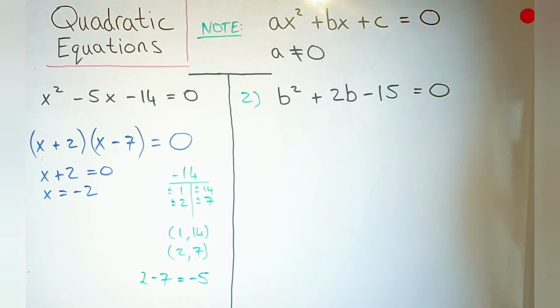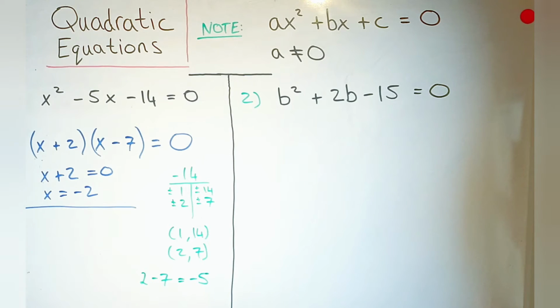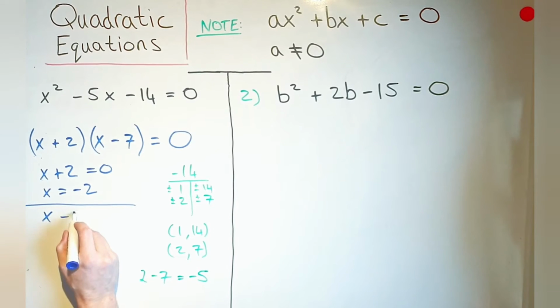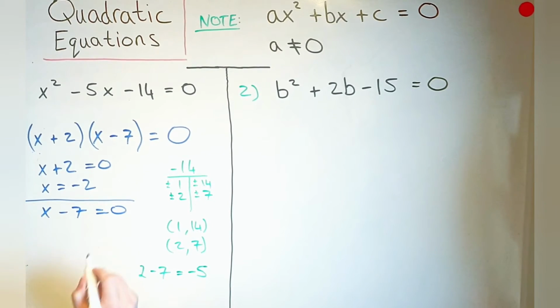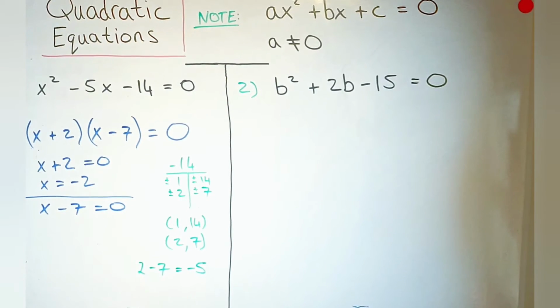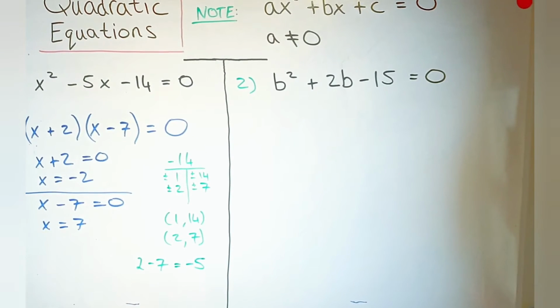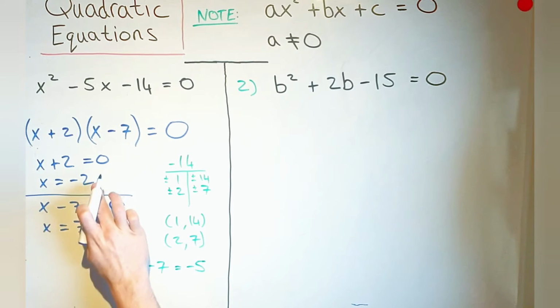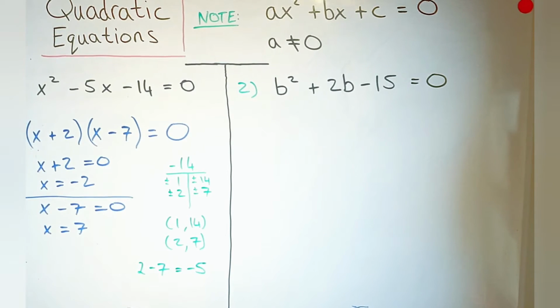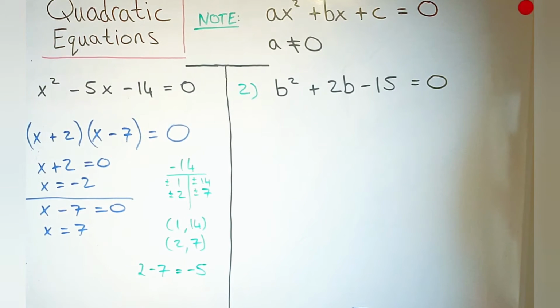That's our first value for x. I'll just draw a line under here. Then we take the second factor, the same story: x minus 7 equals 0. Then we can add 7 to each side, so x equals 7. So the x variable is either going to be minus 2 or 7. Okay, so I'll box these off.